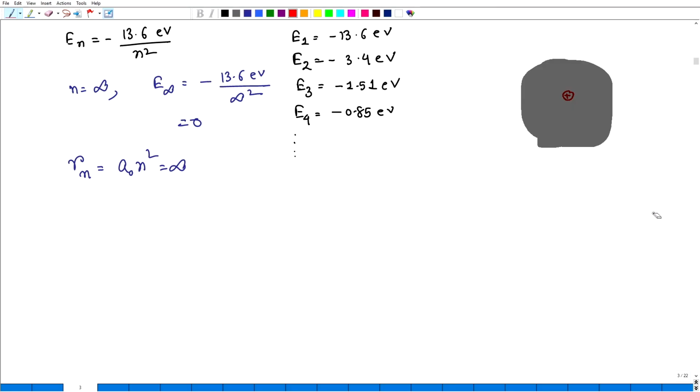So here the electron is free, that means it has all liberty. That's why the radius is infinity. That means it is out of the field of the nucleus, totally free, there is no restriction. That does not mean that the radius should be truly infinite, because we have also seen that for a magnet there is a magnetic field, and in principle the magnetic field should vanish at infinity, but we know after some distance the magnetic field does not work.